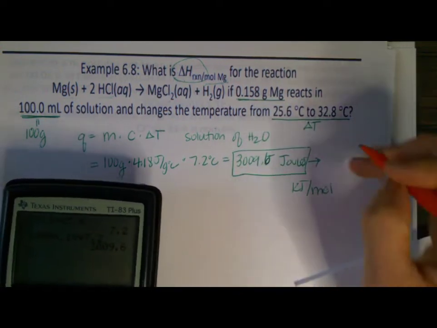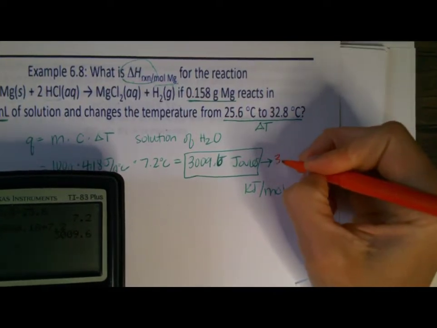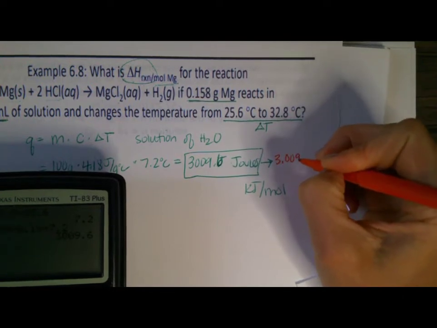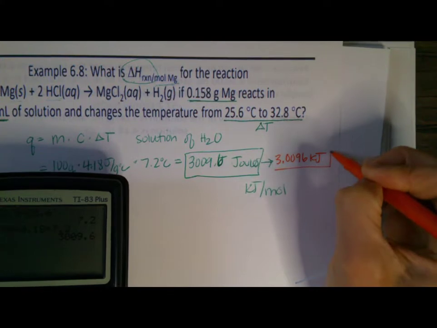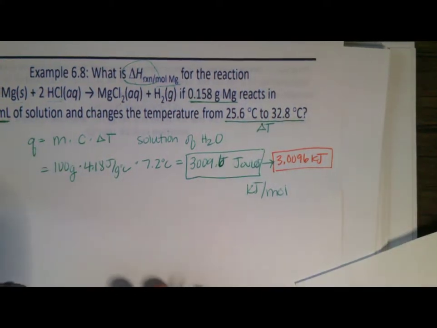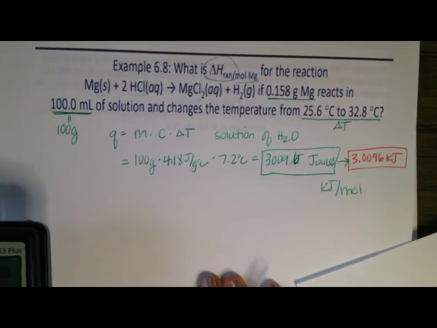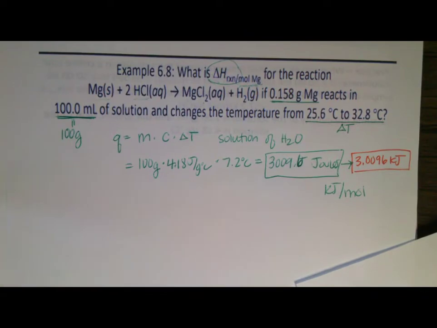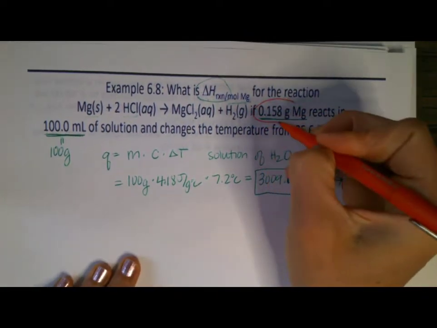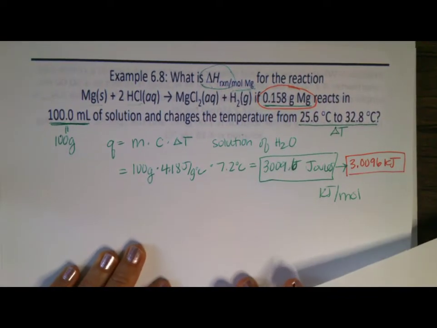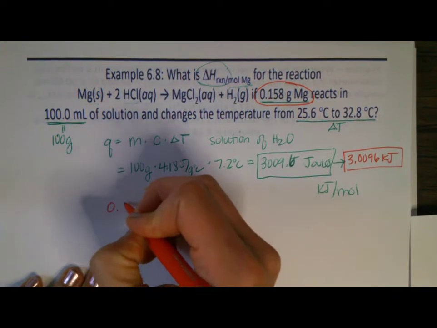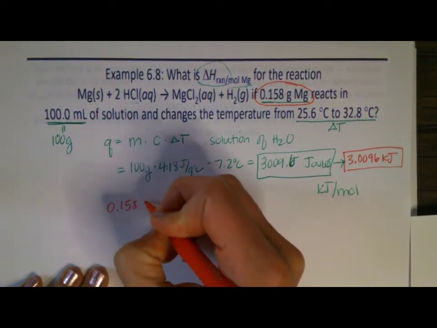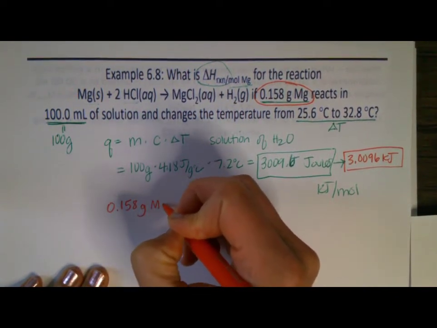So I'm going to make this 3.0096 kilojoules because we're going to end up going to kilojoules here in just a minute. Okay, now, so we've got the kilojoules. Now we need the mole part. So we're given grams of magnesium. And we know that if we're given grams, we can get to moles, right? So we're going to just go 0.158 grams of magnesium.